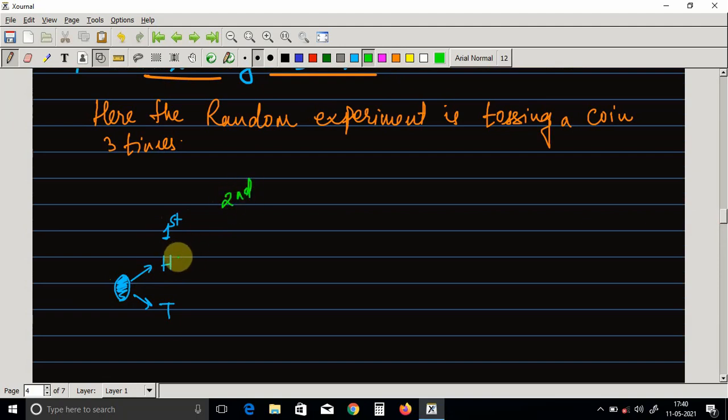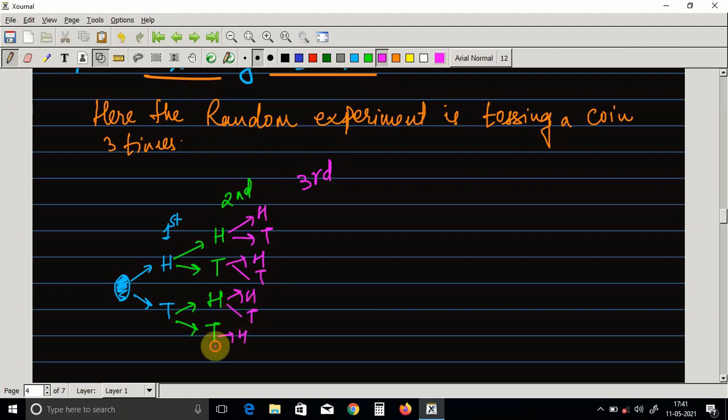Irrespective of head or tail, I have to go for a second toss, so on every branch I am going to get either head or tail. And last is my third toss, again head or tail. So this tree is going to give me my total outcomes.